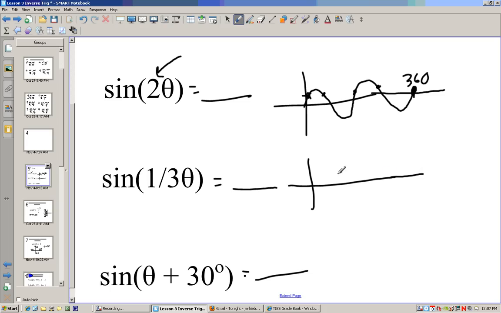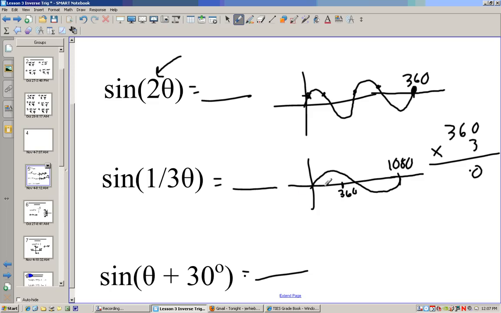And if I do sine of 1/3 of theta, I'm stretching it by a factor of 3. So it does 1 revolution by the time it gets to 360 times 3, which is what, 1080? So 360 is 1/3 of the way, so somewhere over here.